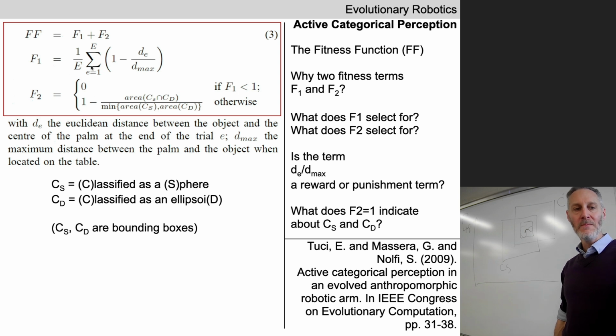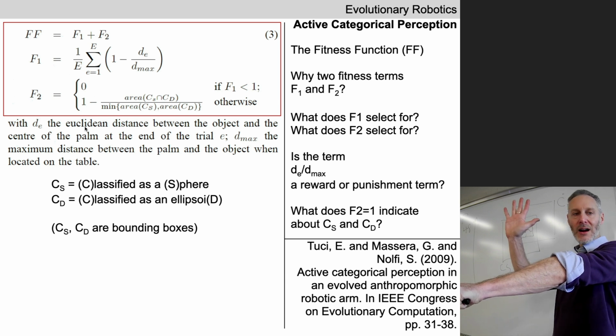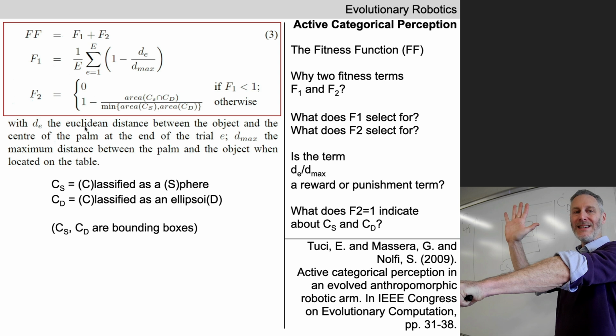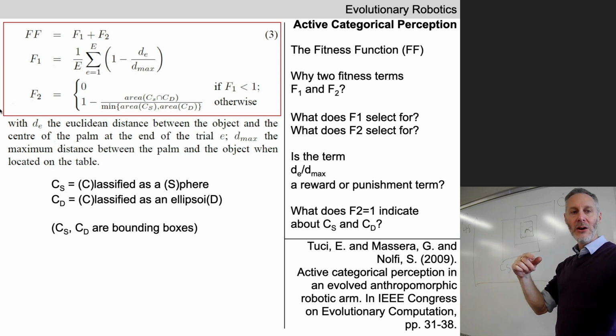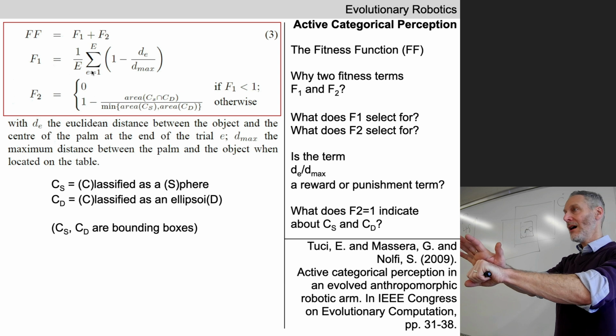What is F1? Well, let's dive inside and start to figure out what some of these variables are. Let's start with D sub E here. D sub E is the Euclidean distance between the object sitting on the table and the center of the palm of the robot at the end of the trial E. So we're going to iterate, we're going to sum up over a bunch of evaluations of the CTRNN.